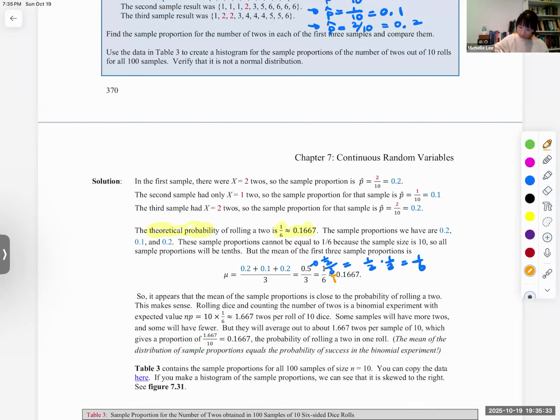Make sense? So they say that the mean of the distribution of a sample proportion equals the probability of success in the binomial experiment. That's why X is the number of successes. Make sense to you? All right.